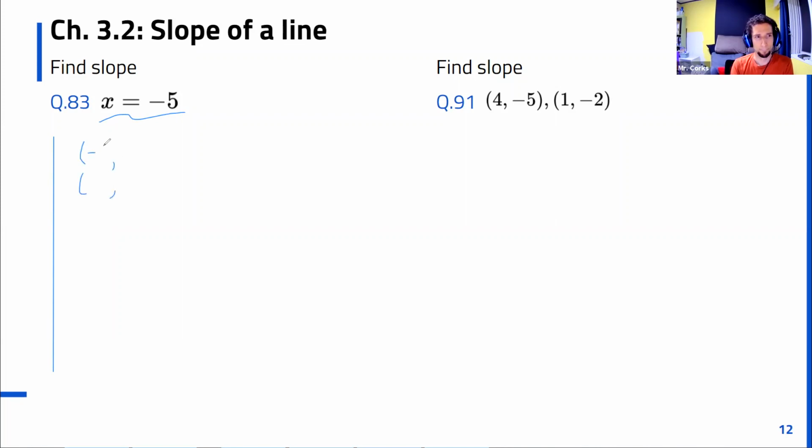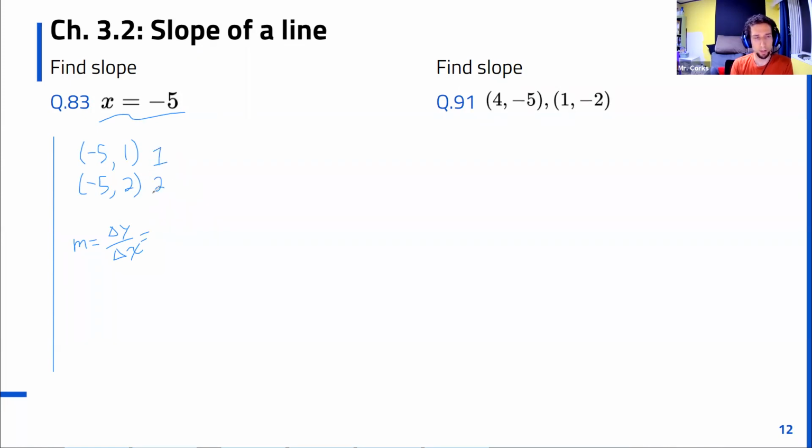-5, 1 and -5, 2. Okay, so -5, 1, -5, 2. And let's do our whole calculate-the-slope method here. M is delta y over delta x, the change in y. Let's call this point 2, this point 1.